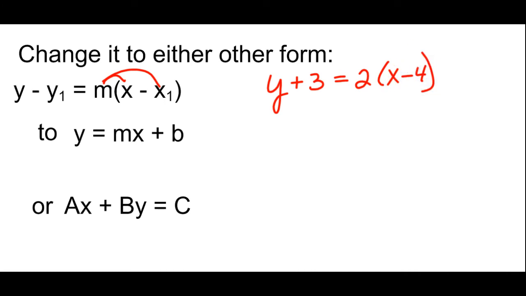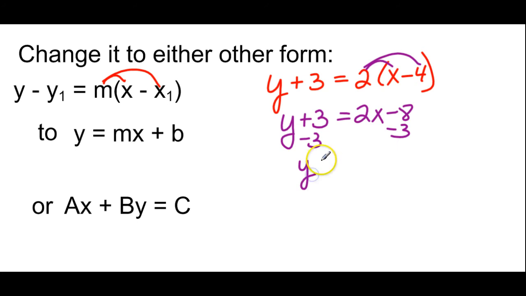Okay, so there it is. So let's change it into slope-intercept form. The distributive property gives me y plus 3 is equal to 2x minus 8. And then get rid of this by subtracting 3. And that gives me y is equal to 2x minus 11.